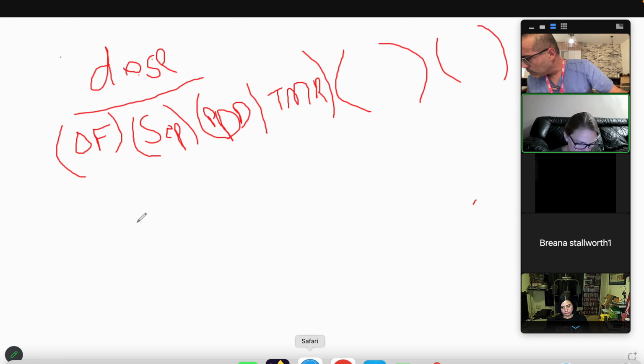All right. Calculate the necessary monitor units to deliver 200 centigray at a depth of 6 cm at 100 cm SSD for a single field with a field size of 8 by 8, an output factor of 0.985, and a PDD of 0.797.